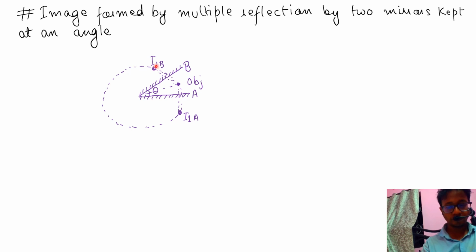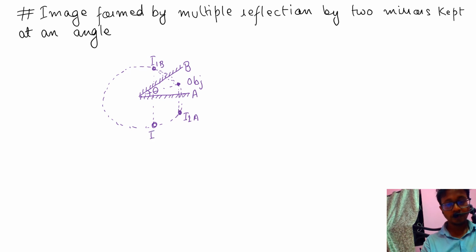Now see this image. This first image by mirror B acts as an object for mirror A, and this first image by mirror A acts as an object for mirror B. So this image by mirror B will be reflected somewhere on mirror A, somewhere in this line, and our image will be formed out here.